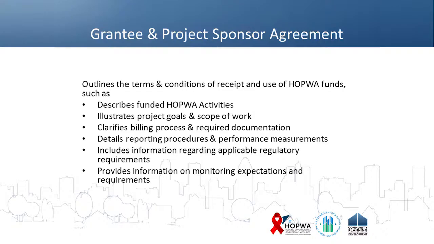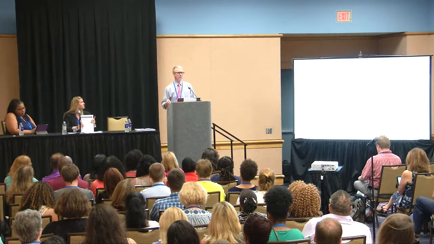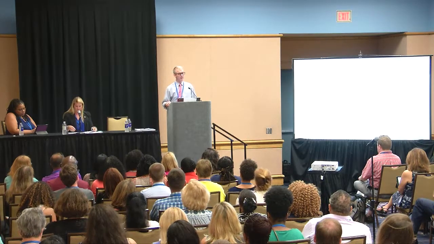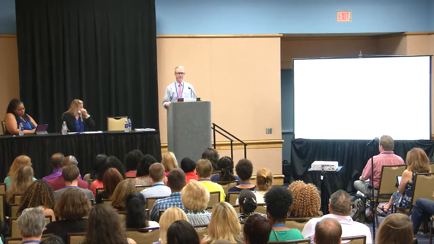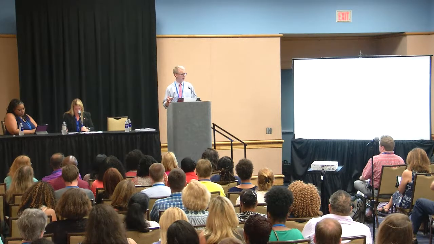As a technical assistance provider, I've seen a very large variety of types of contracts and grant agreements that grantees use with project sponsors. Municipalities, state governments, and county governments will have a large variety of what those documents look like. But ideally, they contain some elements, because they're the point of accountability for all the parties involved.